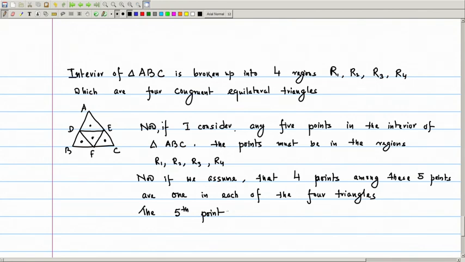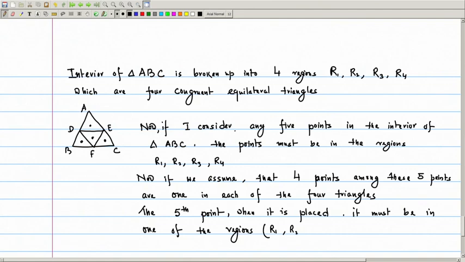So, the fifth point must be in one of the regions R1, R2, R3 or R4, that means in any one of the triangles ADE, BDF, DEF and CEF.